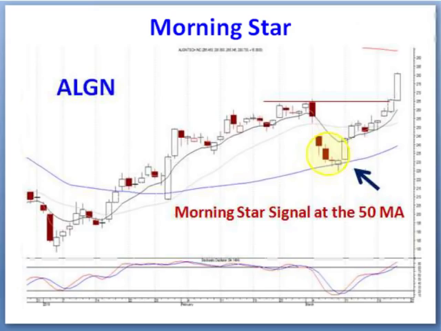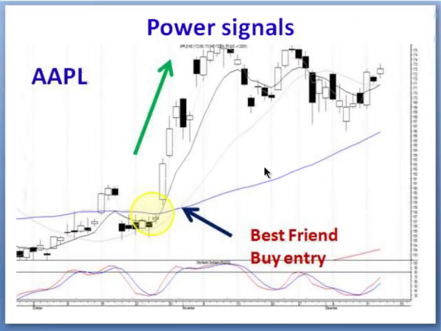So because of the visual aspects of candlesticks, we can scan for what we call our strong signals, like the best friend signal. A doji gap up is your best friend.